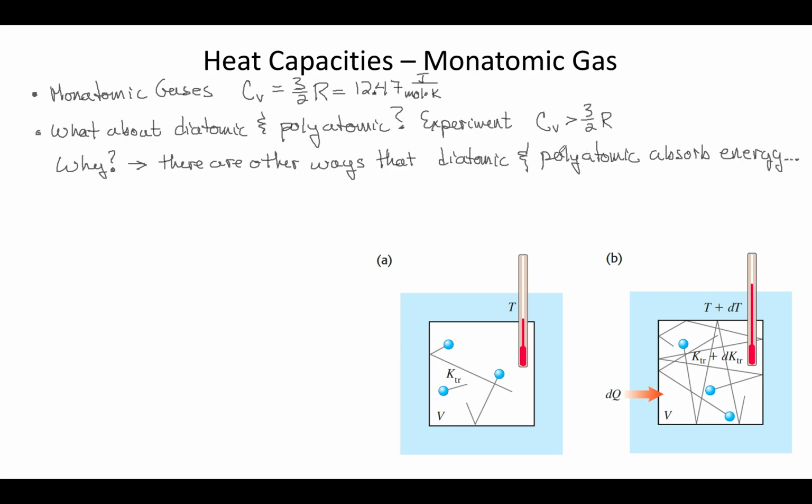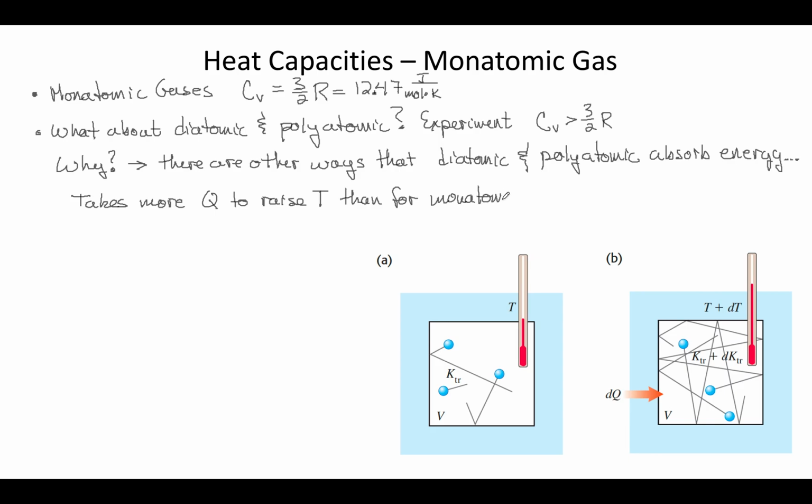So if C sub V is higher for these larger molecules, it takes more energy, more heat transfer, more Q to raise the temperature than for the monatomic.